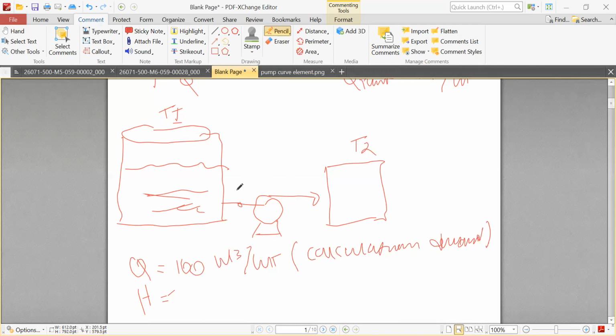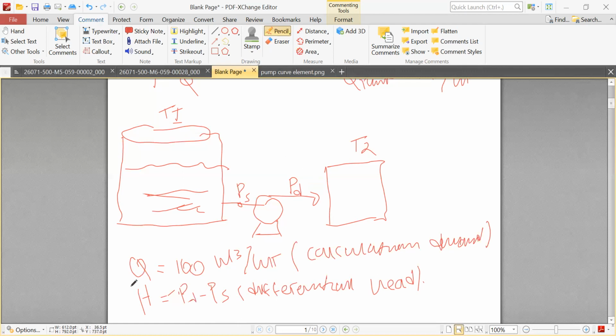We can say at the pump suction we have PS, and at the pump discharge we have PD. So the head corresponds to PD minus PS. We can also call this the differential head. For the PS and PD calculation, we will discuss it in the next session.